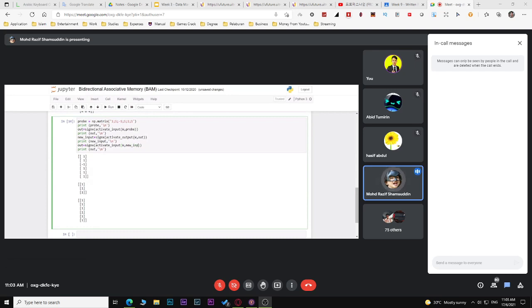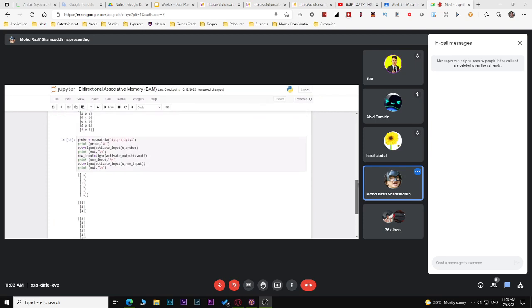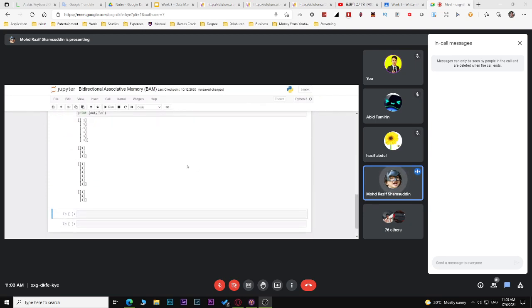New input yang ini akan jadi activate input. So dia akan hasilkan ini pergi ke sini dapat satu. Lepas tu ini pergi ke sini output kepada input dapat semua satu. Lepas tu semua satu ni jadi input balik, dia hasilkan satu.